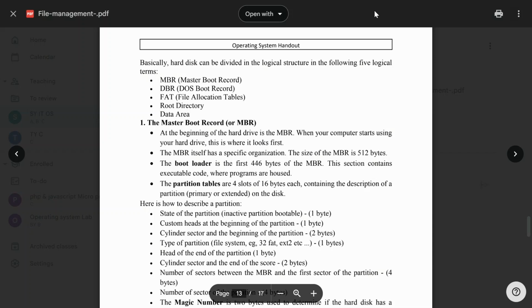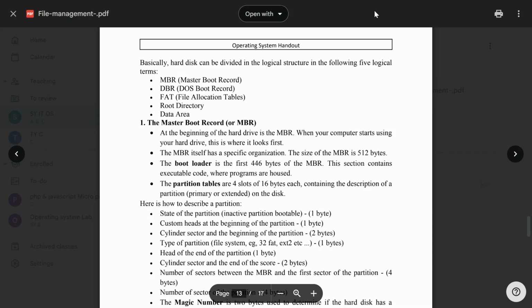Then MBR itself has a specific organization. The size of the MBR is 512 bytes. The bootloader is the first 446 bytes of the MBR. Means if the MBR is of 512 bytes size, then in that, bootloader is the first part and it will occupy the 446 bytes of MBR.